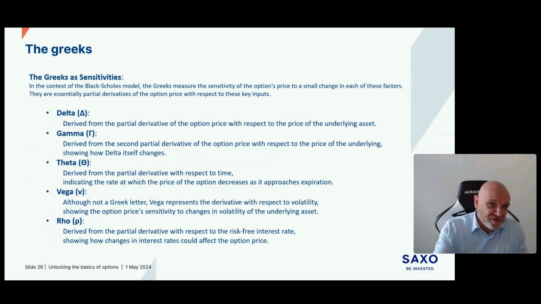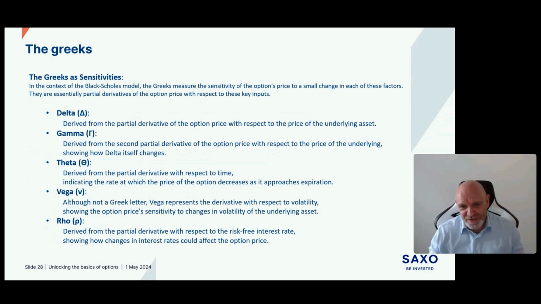Then the Greeks themselves. We have a couple of them: delta, gamma, theta, vega, and rho. They all correspond to those factors, which means that if you see a certain value displayed in the platform, you know what it has an effect on. Delta, for example, is a direct relation with the price of the underlying. Theta has a relation to the duration, the time till expiry.